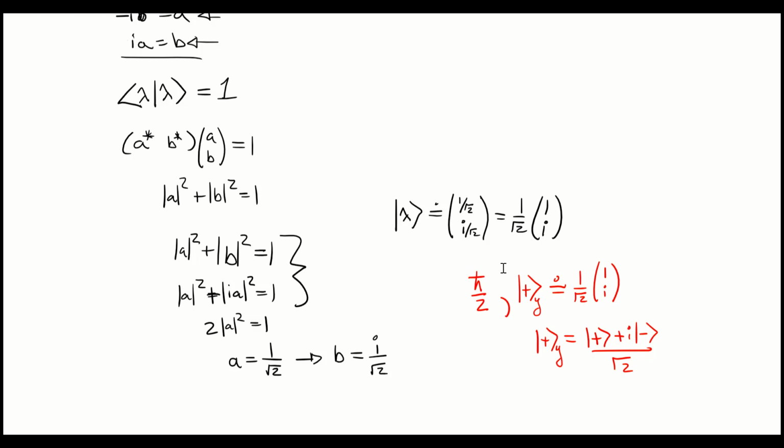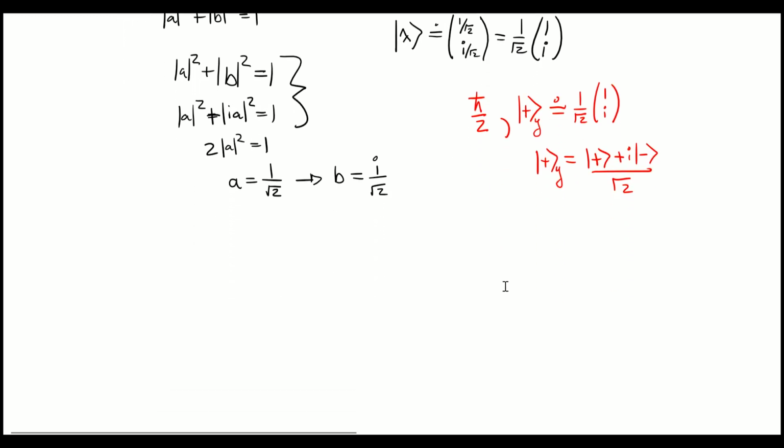If we do the same thing for the minus h bar over 2 eigenvalue, you can follow the exact same process, and the eigenket for that will end up being, in the matrix representation, 1 over root 2 again, (1, minus i).